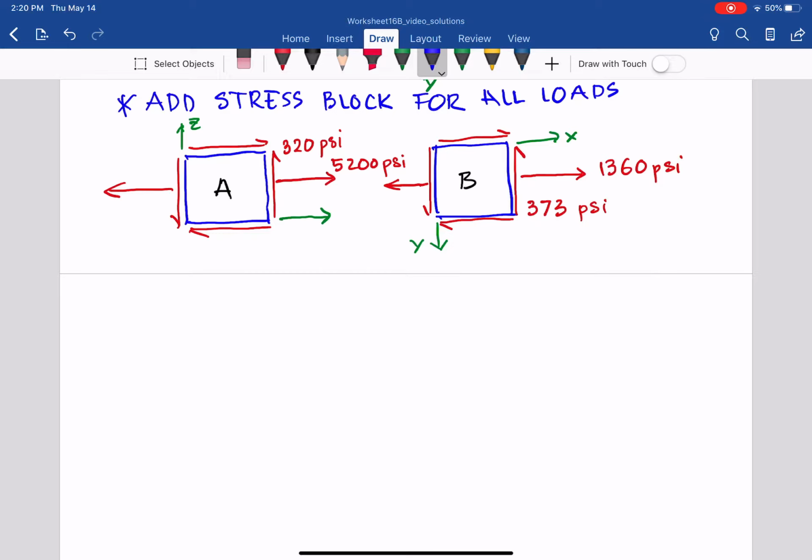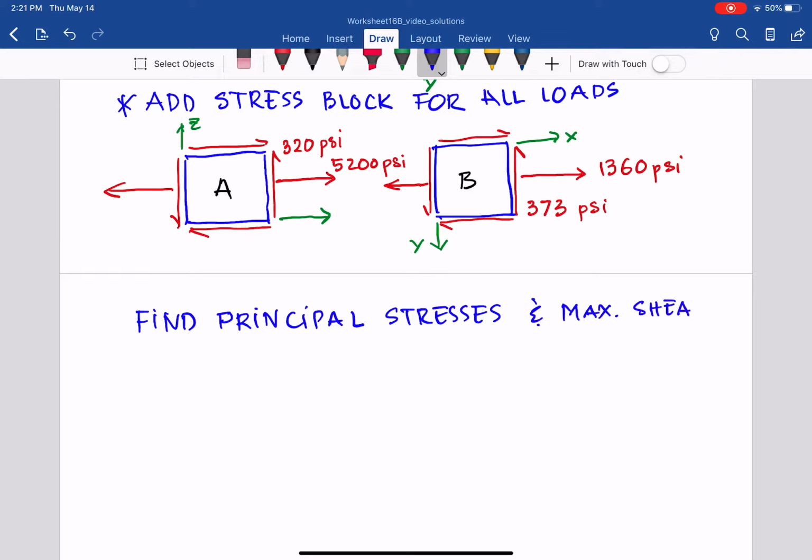Find principal stresses and maximum shear stress.